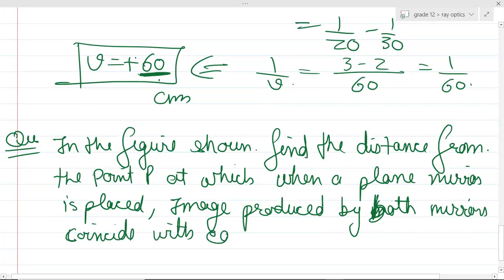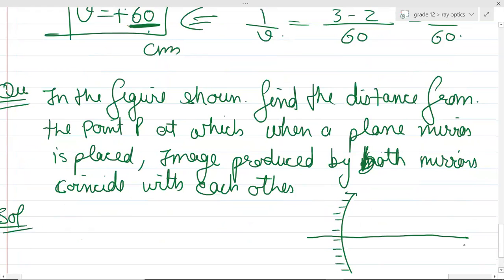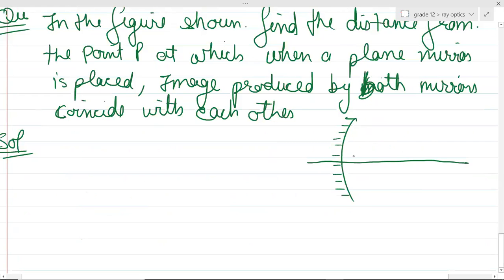I'll draw the diagram, don't worry. So there is this mirror. This is the principal axis. You need to place the plane mirror on the principal axis at a certain distance.